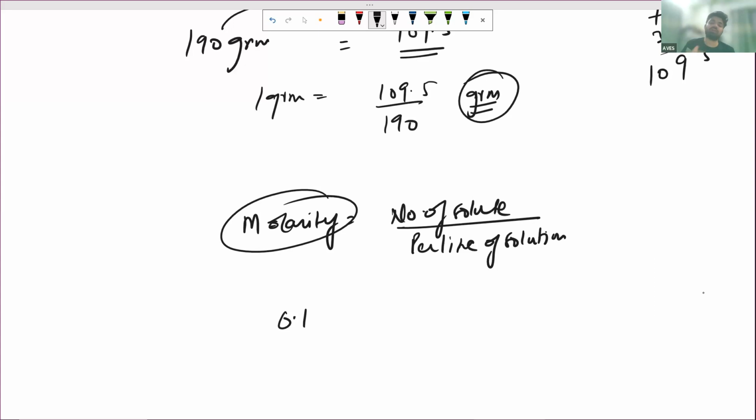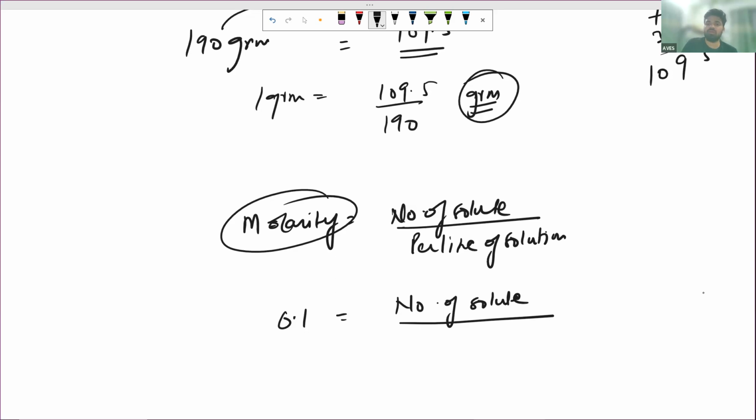Yes, sir. Are you getting? Per liter of solution. Or we can say per ml of solution. You know that HCl, and because the solution is 0.1 mole, we can say that the number of moles of solute is per liter of solution.